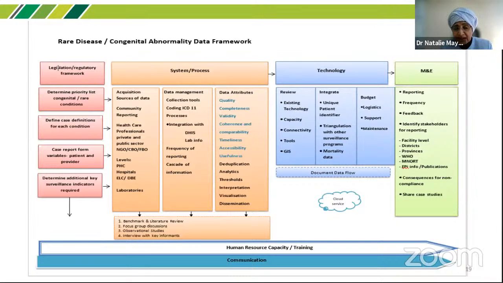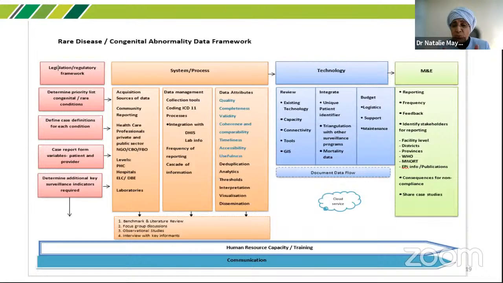We need to do extensive literature reviews, have focus group discussions with our clinicians and with our patients, and do some observational studies. So look at those areas who are reporting. How are they reporting? What are they doing well? Can we learn from good practice? And we need to interview key informants to be able to inform this process.